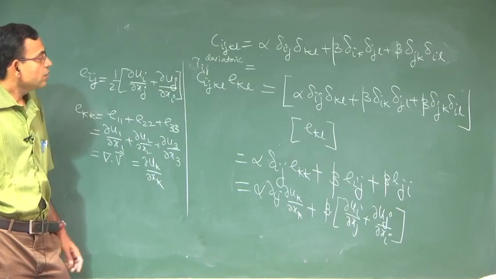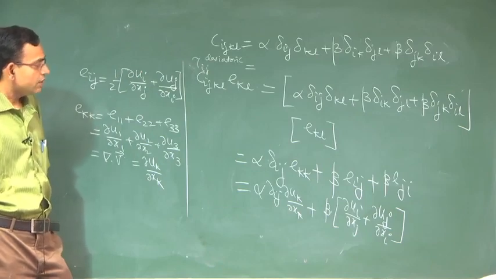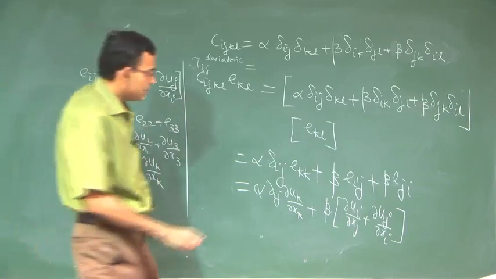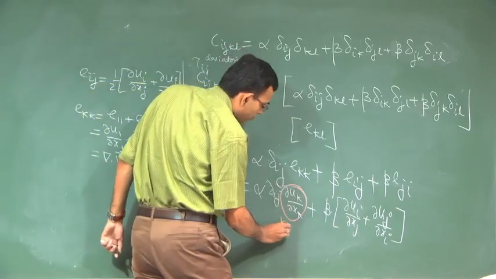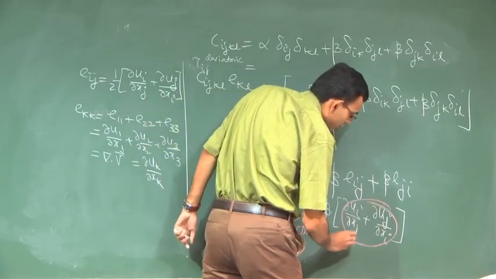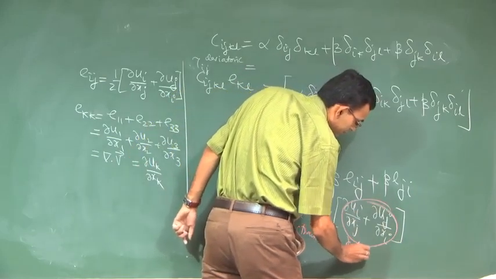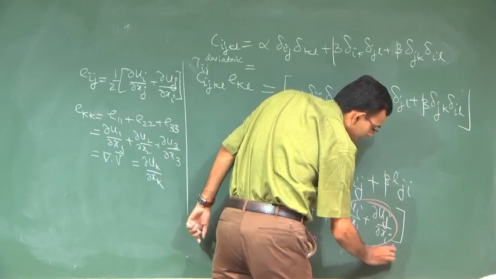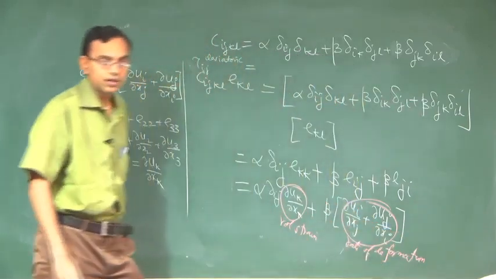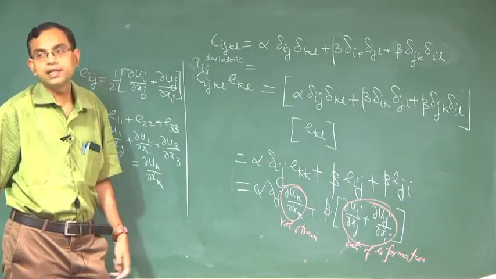Okay. So, this is tau ij deviatoric. So, physically this is what? This is related to volumetric strain, this is related to rate of deformation. I am not saying linear or angular, because when i is not equal to j then it is angular, but when i equals j it is linear.